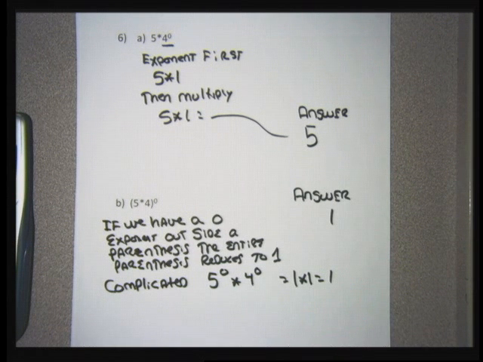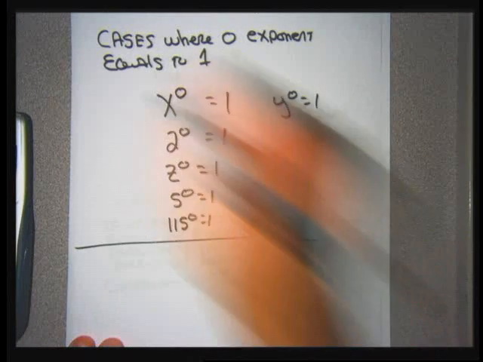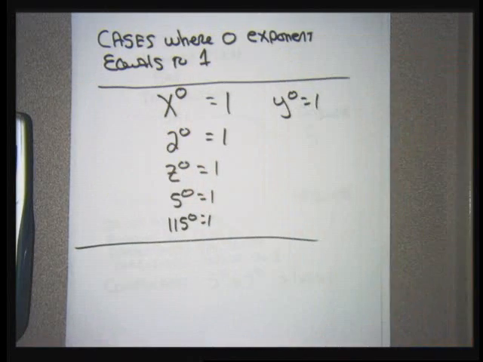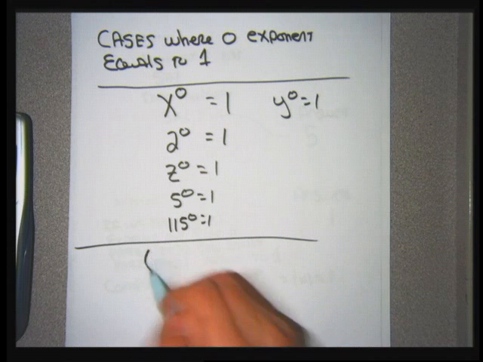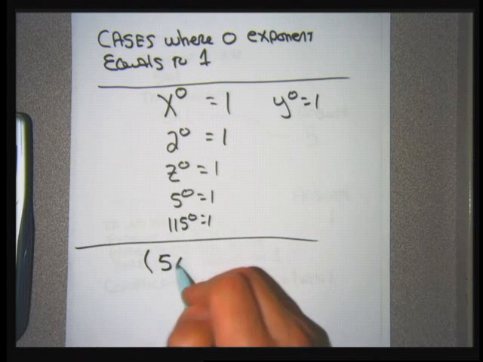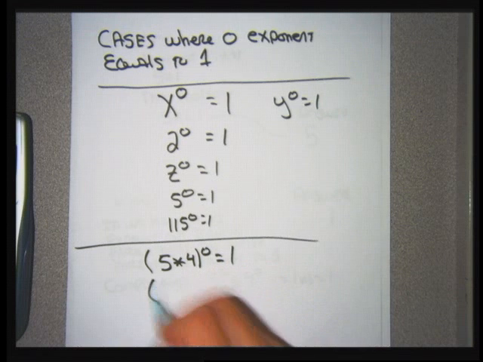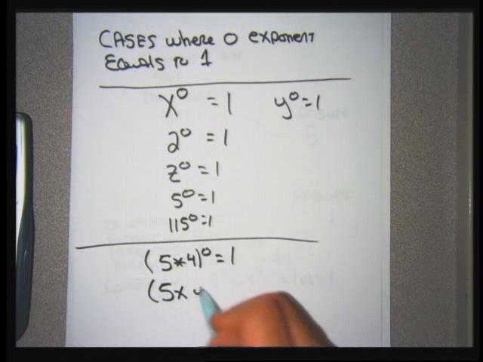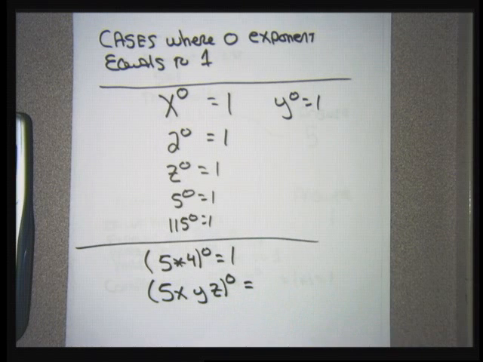So the second case where we're going to get zero exponents equal to ones. The first case is just a generic letter or a positive number to a zero exponent. The second case that we're going to get 1 is if I have a parentheses with a zero exponent outside the parentheses.